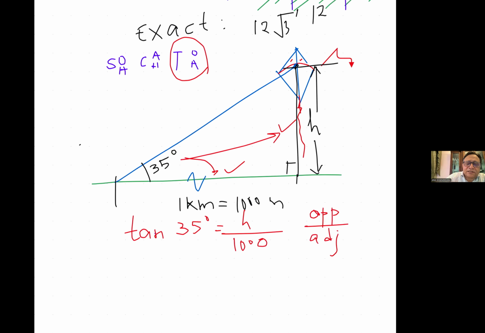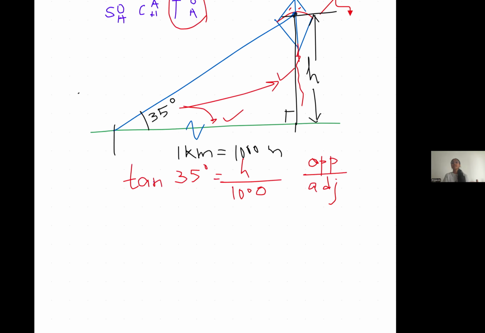Since we know the height will be much lesser, we don't want to write a decimal answer here. So what is height equal to? It's just tan 35 times 1,000. Use your calculator and tell me the answer. It is 700.208.